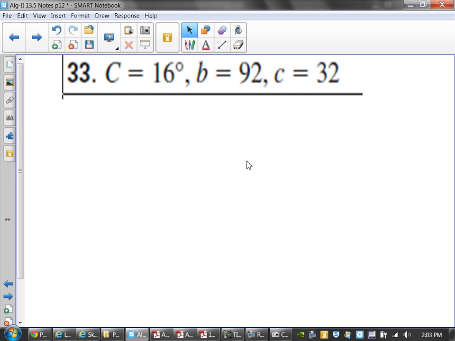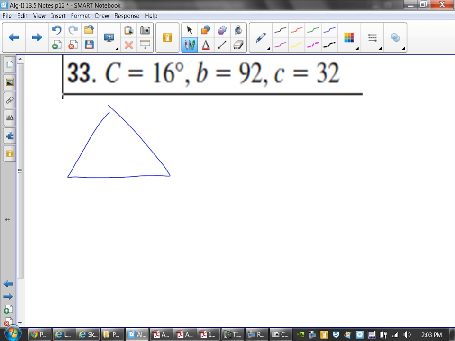When you have an acute angle, you have to go through your trials. So we draw out the diagram: A, B, C, 16, 92, 32, and a little A over here. Since 16 is acute, we start checking.